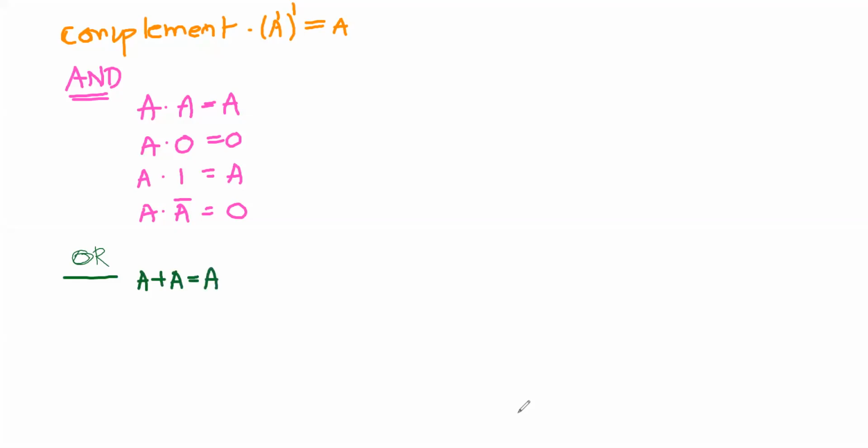We'll get A. Similarly, A or with 0 will give us what? A. A or with 1 will always give 1, and A or with A prime will give us 1, right?